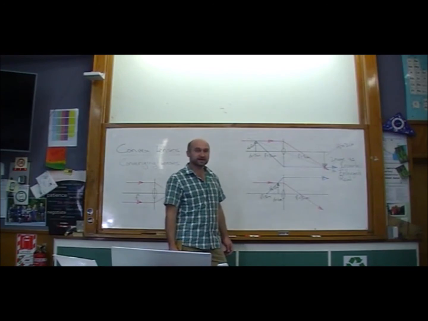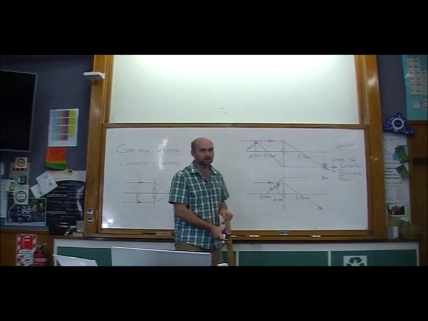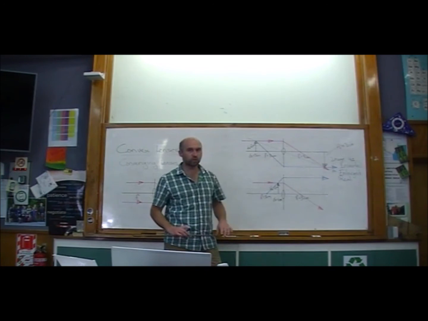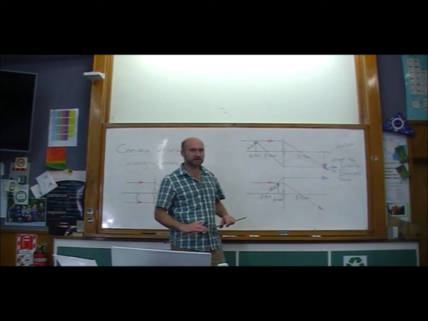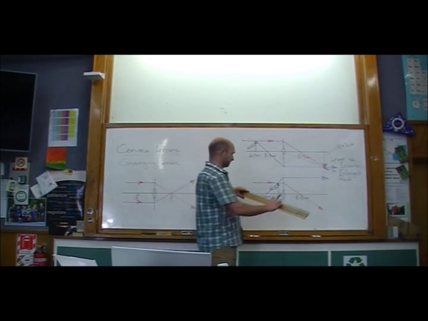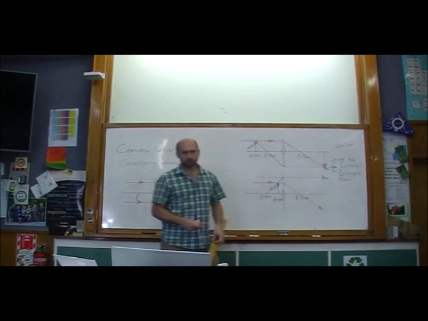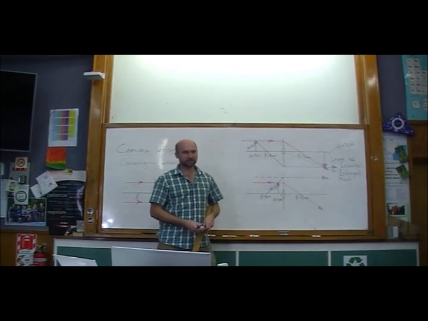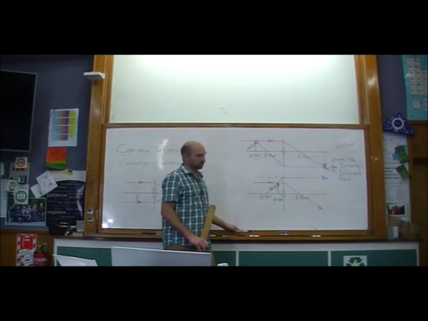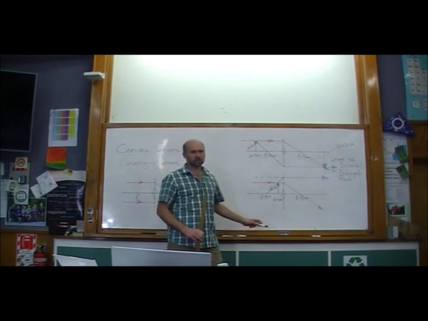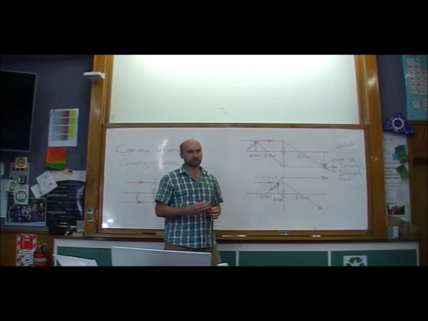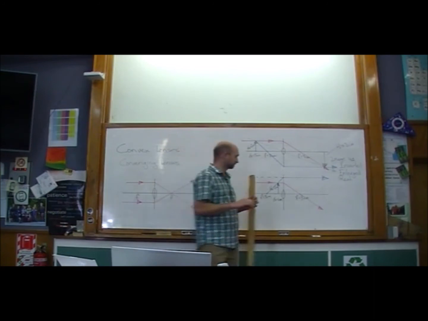So let's extend those rays back as though they travelled in straight lines and weren't bent by the lens, and see where they end up. When we extend the rays back into the forbidden region, we use dotty rays because that's not really what the light is doing. It's just what our eye perceives the light is doing.